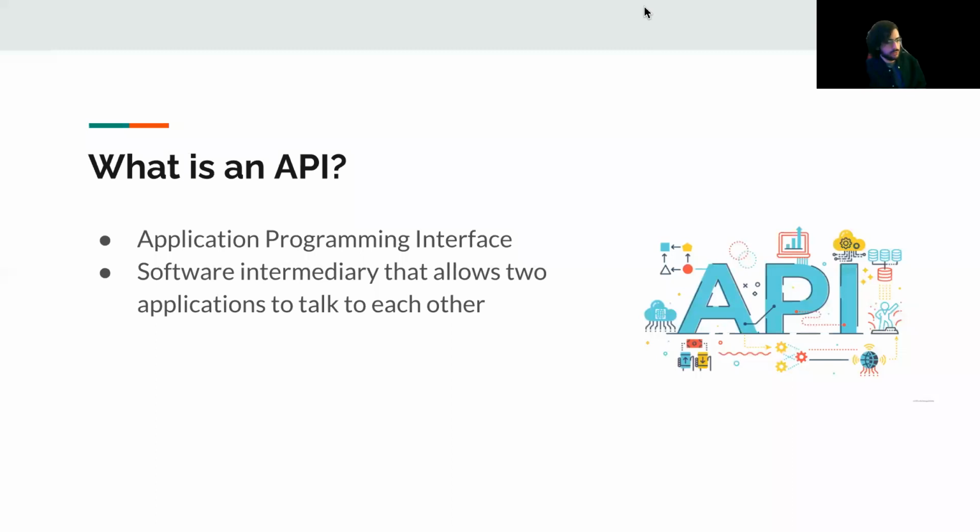So if you were to implement something like Facebook Auth into your app, that requires the use of an API. It's a little bit more advanced since you have some different tokens and credentials to use, but at its core, it's an API, and that allows you to bring a lot of information into your application without a lot of the infrastructure. So that's kind of the idea of why you would consume an API or use one in general.